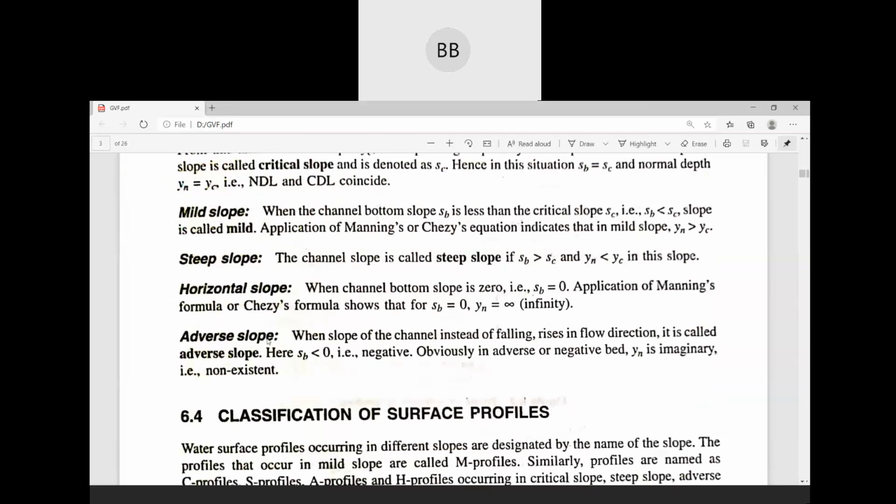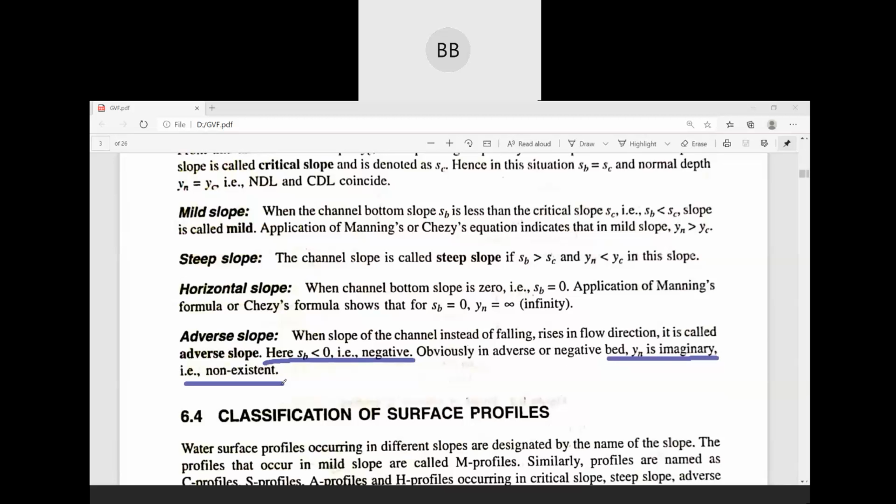When your bed slope is negative, then we can say that your slope is adverse slope and your normal depth is imaginary or not existent. You can say that slope is less than 0, that is negative, and yn is imaginary, that is not existent.